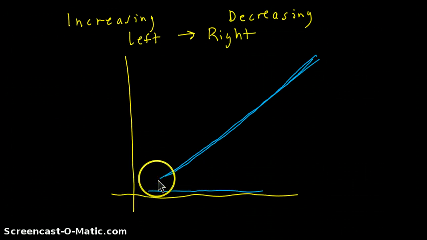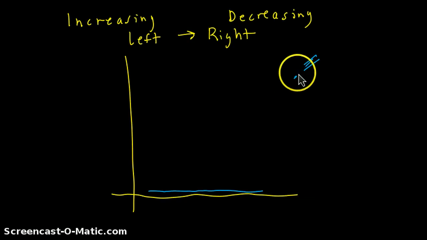But graphs don't have to be linear. These first two examples I've drawn are both linear examples. You can actually have nonlinear graphs that are increasing or decreasing. For instance, suppose I drew a graph that looks something like this.